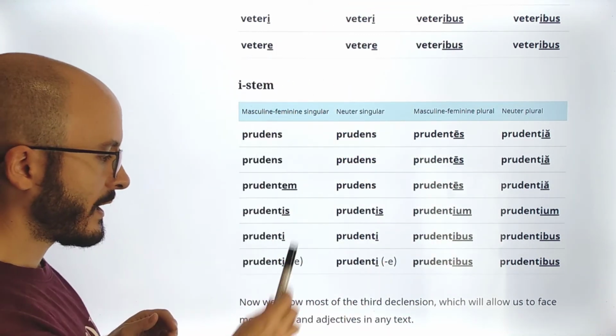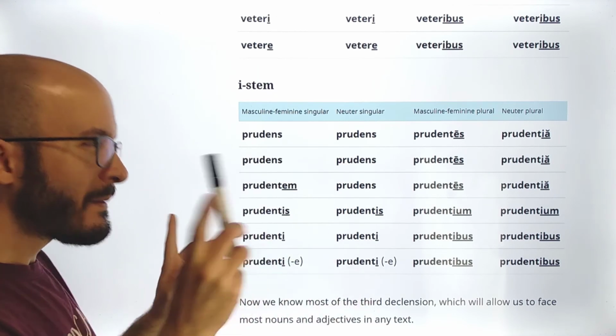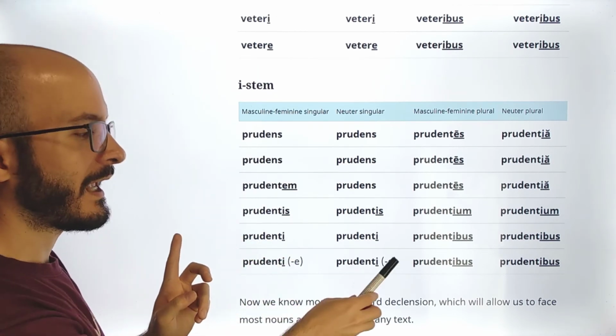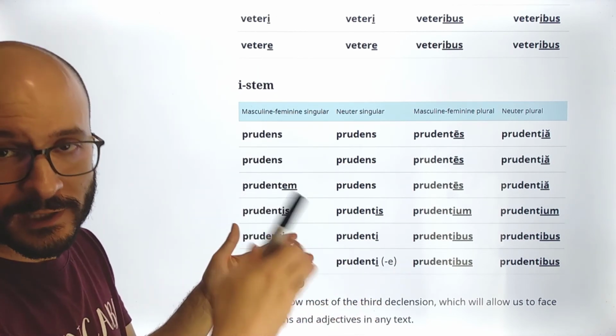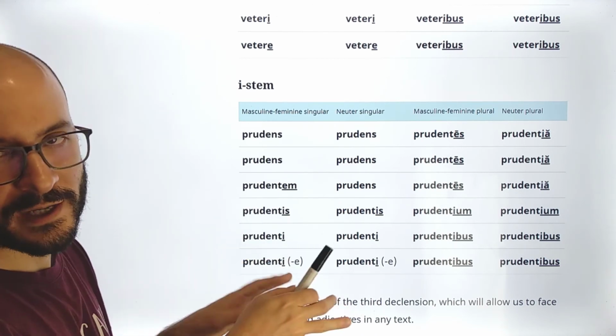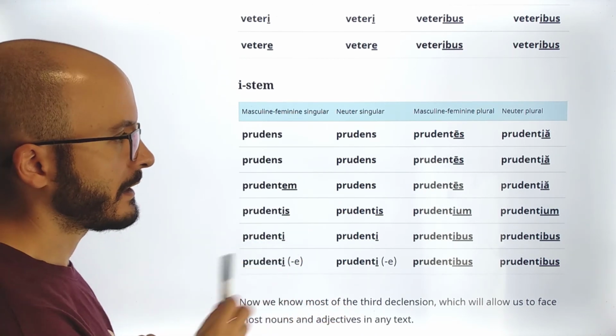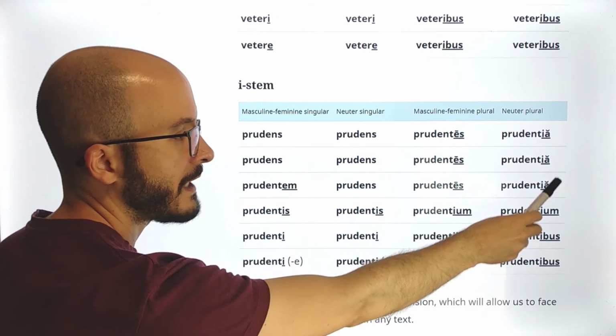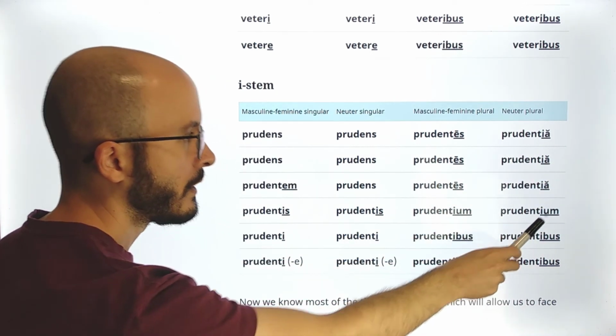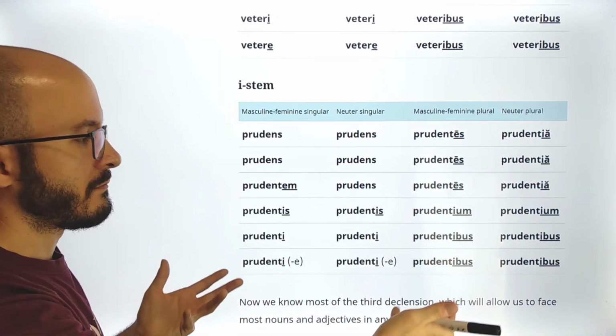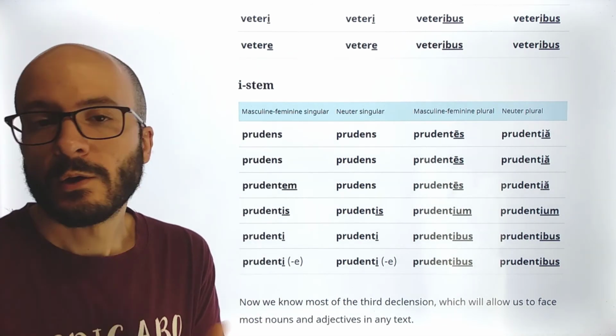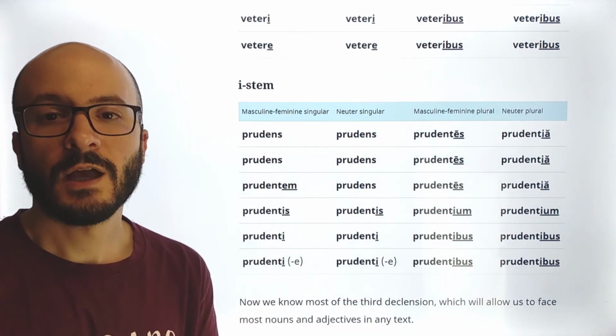I-stem, so we are going to have -i. We might even have sometimes -e, okay? But theoretically, it should be -i. We might find -e, but theoretically, -i. Then -ia, -ia, -ia, -ium, -ium, and then the rest is the same, okay? So we are not going to be repeating what we have already said a few times.